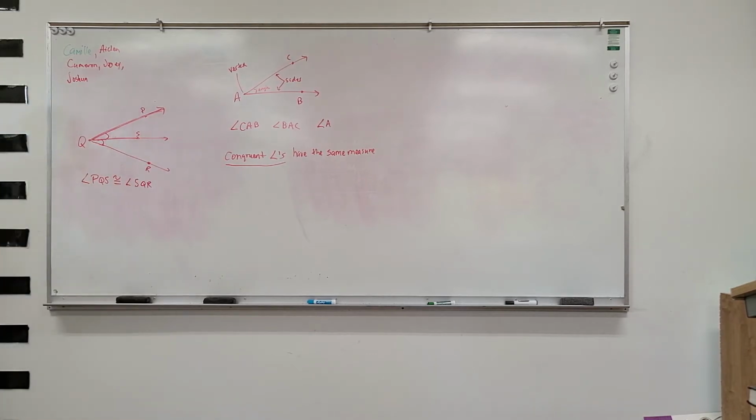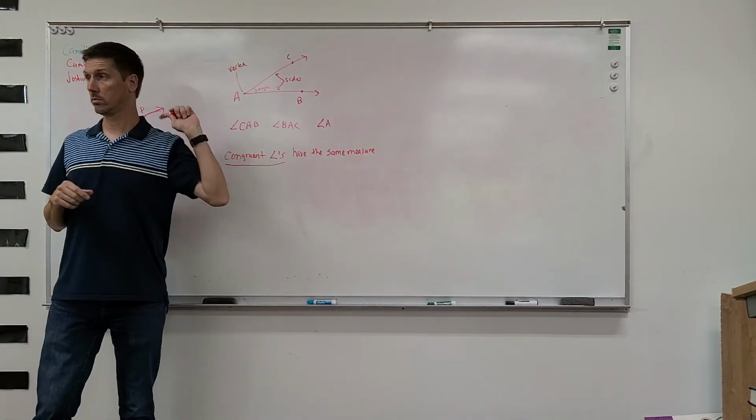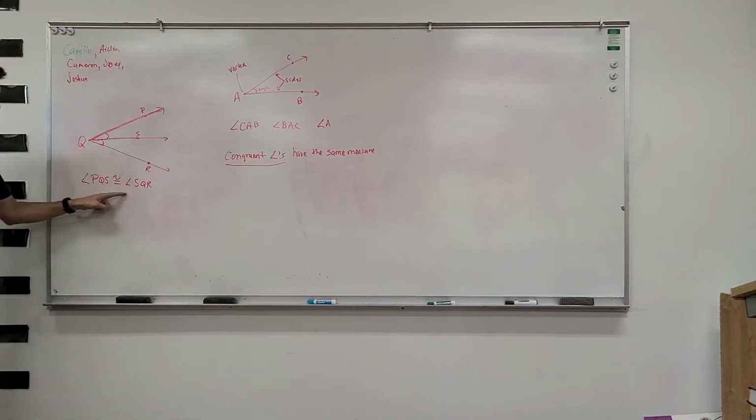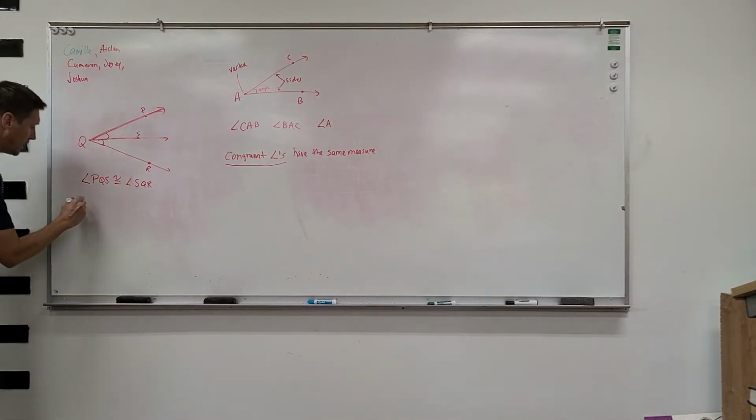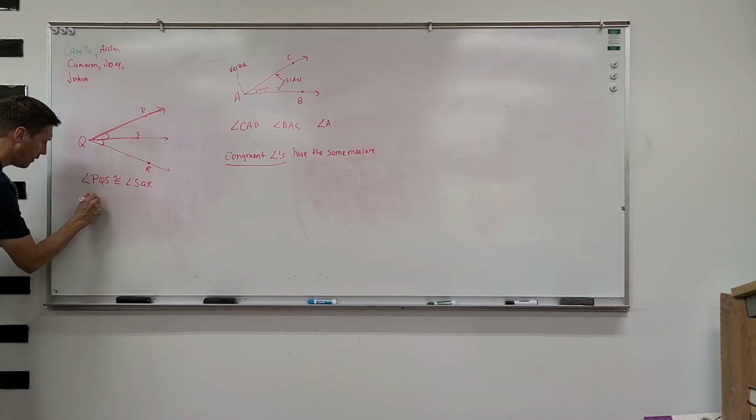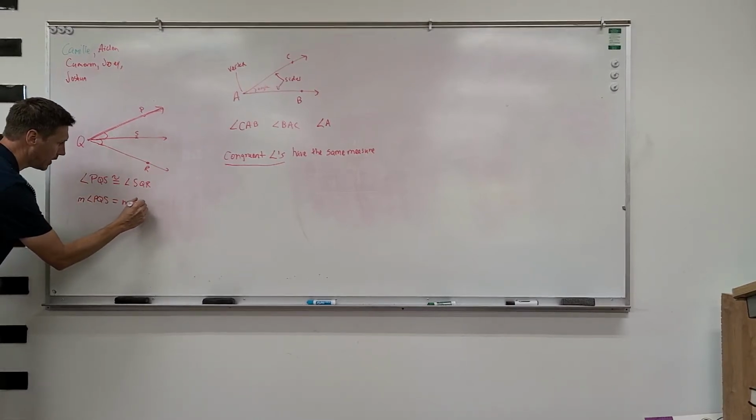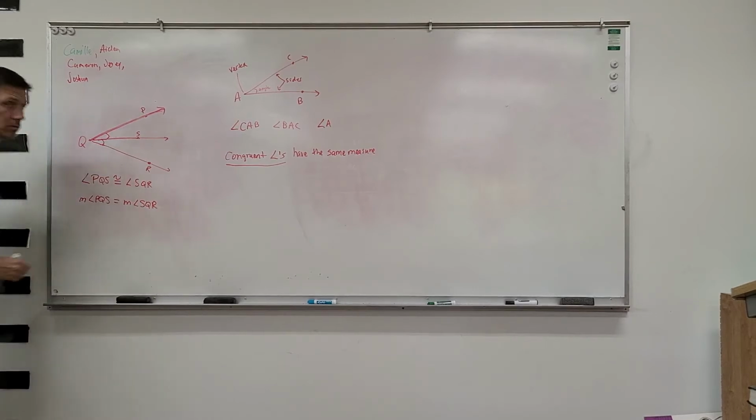So that's how I would write that. That's how I would say those two angles are congruent. But if two angles are congruent, that means their measures are equal, right? So if angle PQS is congruent with angle SQR, then the measure of angle PQS is equal to the measure of angle SQR.